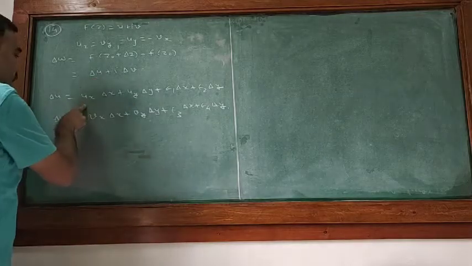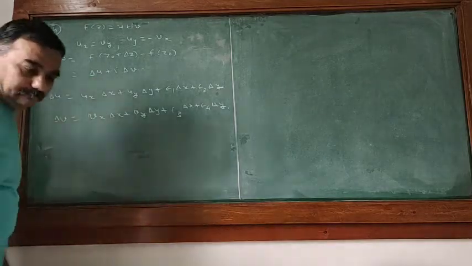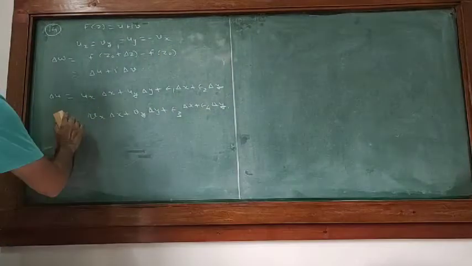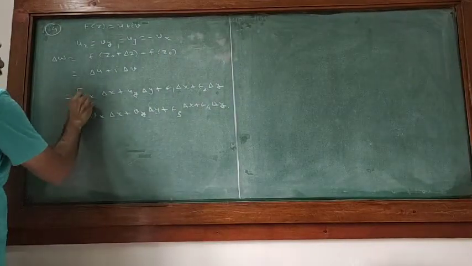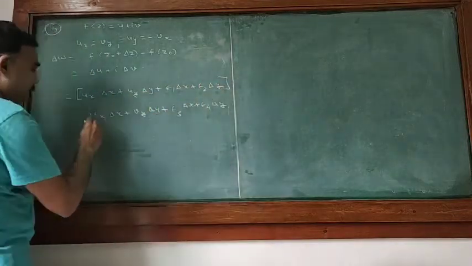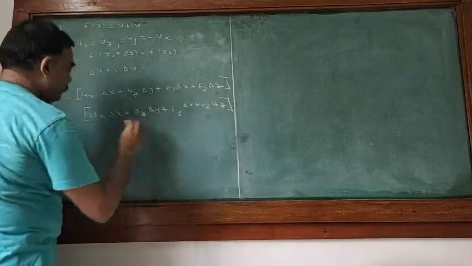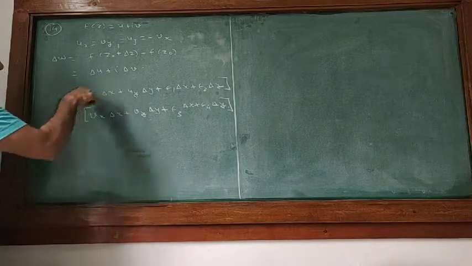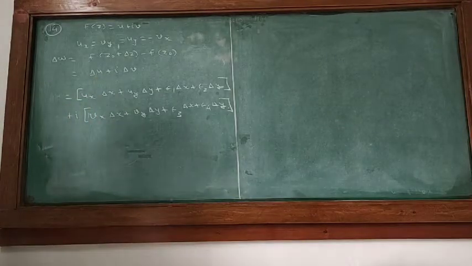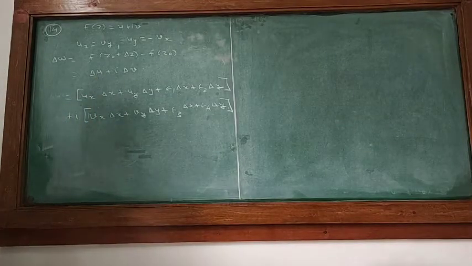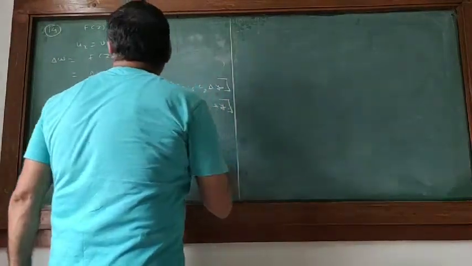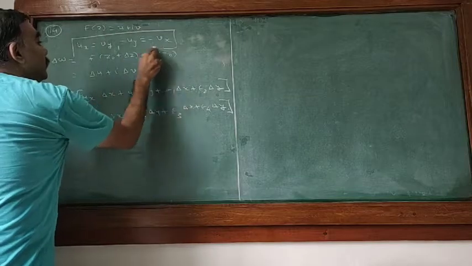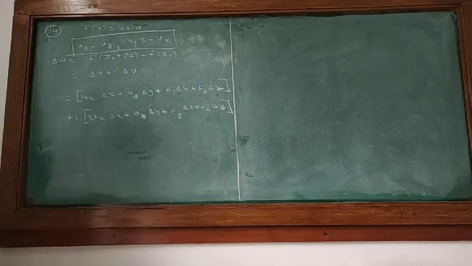Now I put these values directly here. This is equal to ux delta x plus i there. Now I convert this equation in ux and vx.